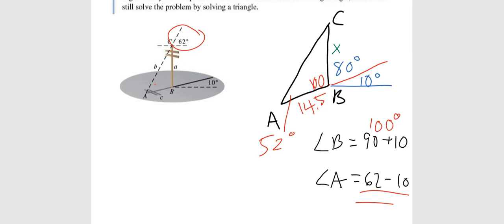Okay, do we have enough information to use the law of sines? Do we have a known angle and a known opposite side? Well, the only side I have is this one. Do we know the angle across from it?